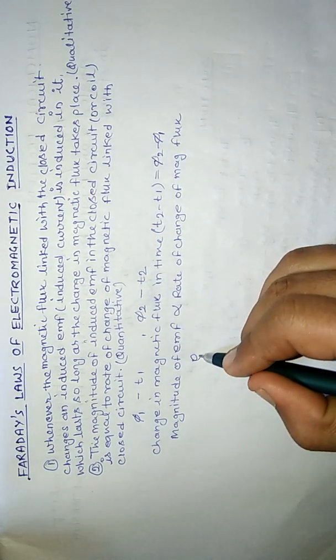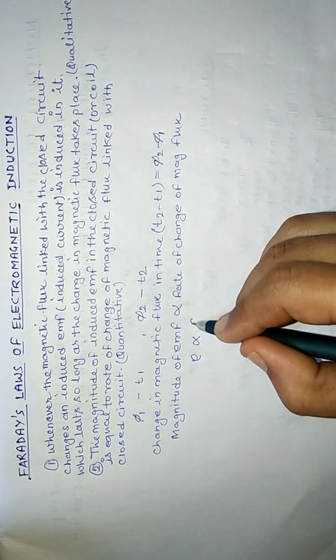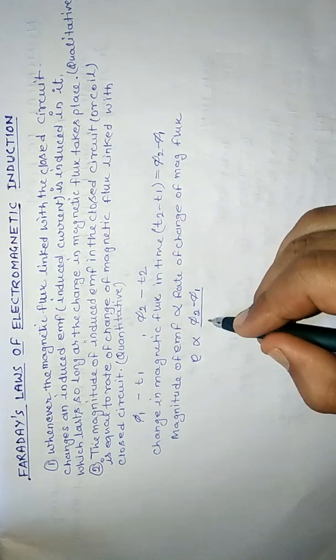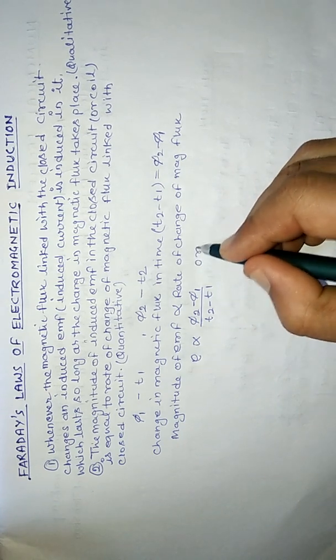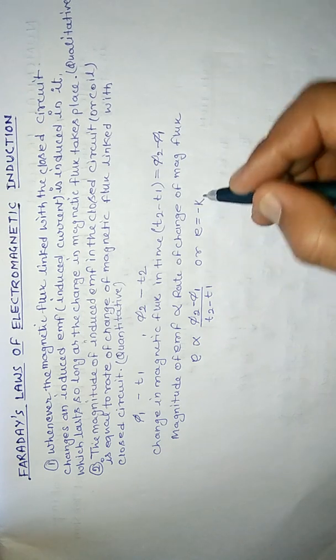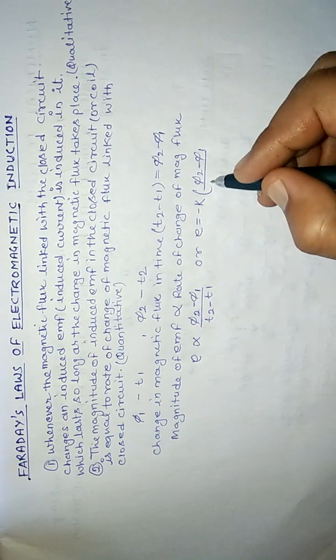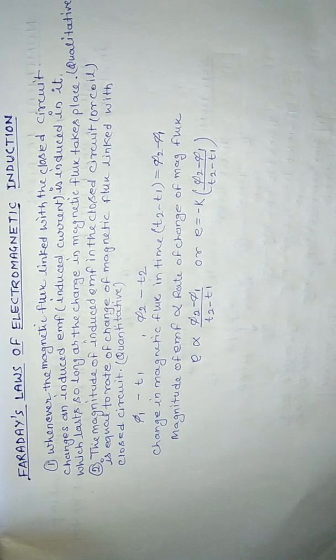This means E is directly proportional to (phi2 minus phi1) upon (t2 minus t1), or E equals minus k (phi2 minus phi1) upon (t2 minus t1). Here k is the constant of proportionality, and in SI the value of k is equal to 1.